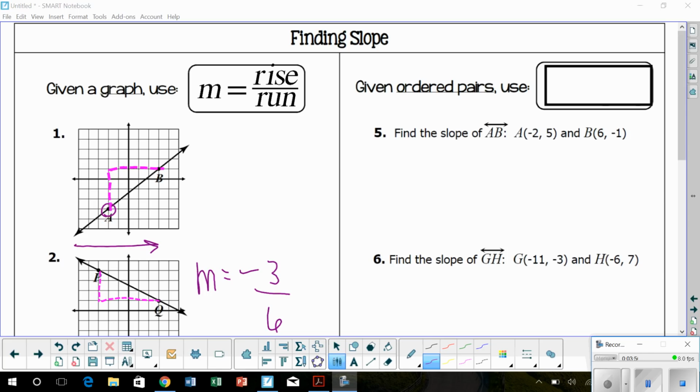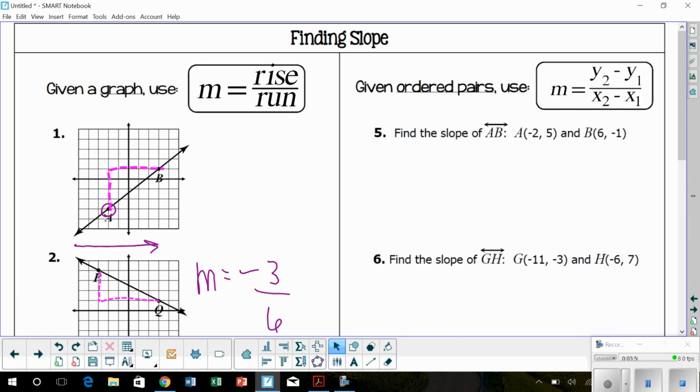Okay, so if we're given ordered pairs, we then want to find the slope using that. So here's how this works. We've got m equals, and we know it's going to be a fraction.